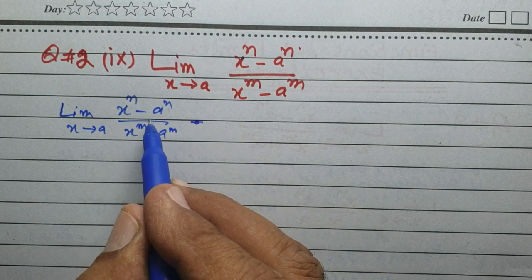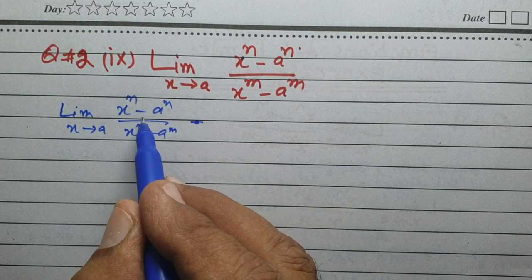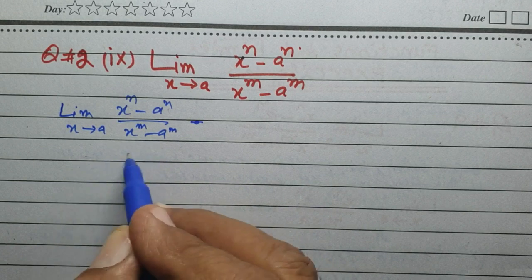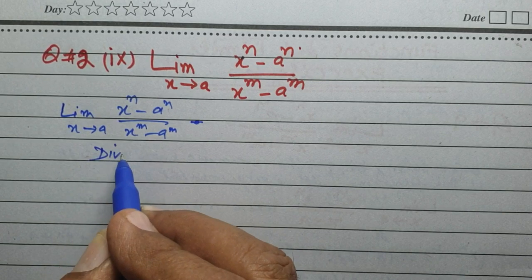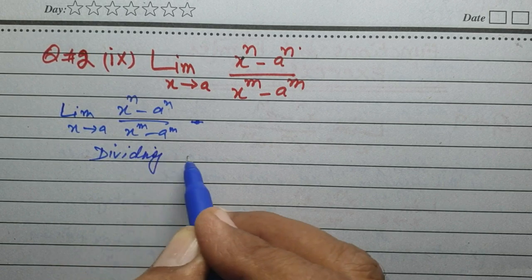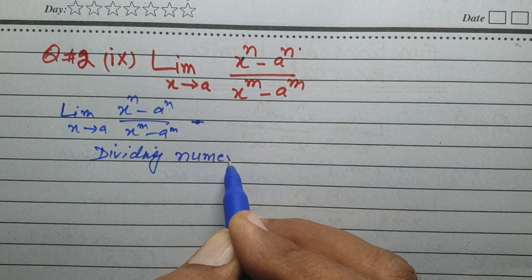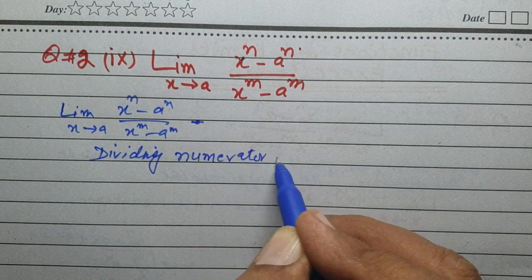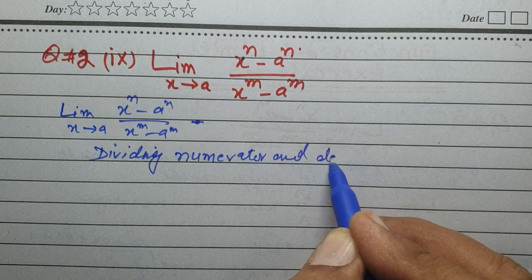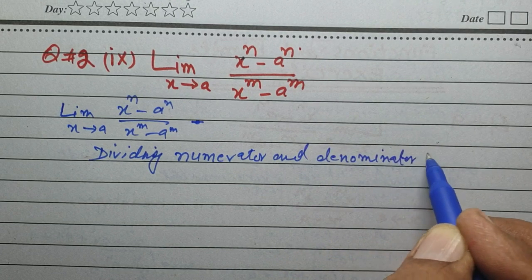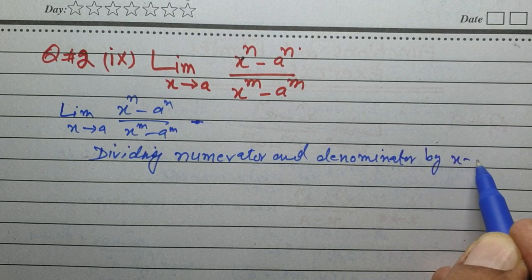We need x minus a here in numerator and also here in denominator. So we divide numerator and denominator by x minus a.